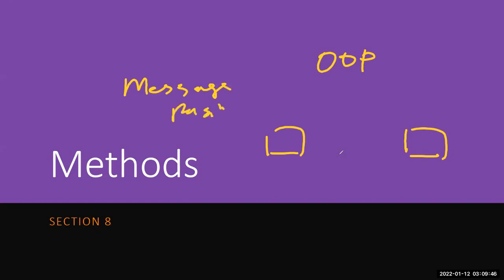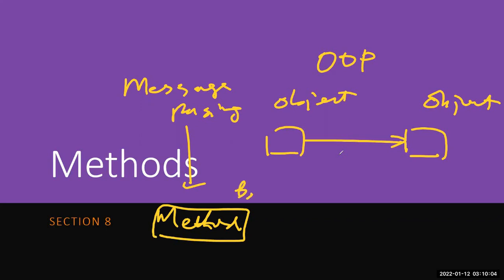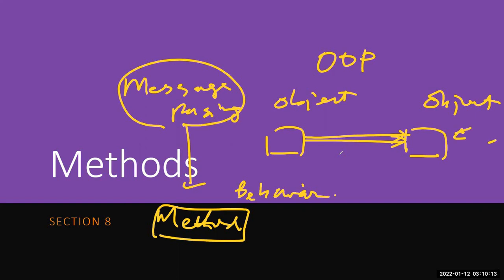In the old days, message passing was between two objects: you pass a message to the other, and the other object takes action based on the message you send. It is related to the behavior of an object, and in object-oriented programming we also call it a method.